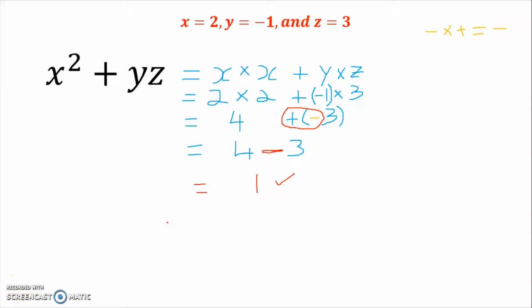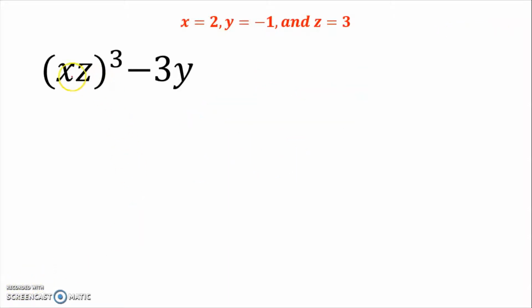Okay, let's continue. We have the cube of xz subtract 3y. So we know that x is 2, z is 3. So 2 times 3, all cubed. And then we would subtract 3 times y.